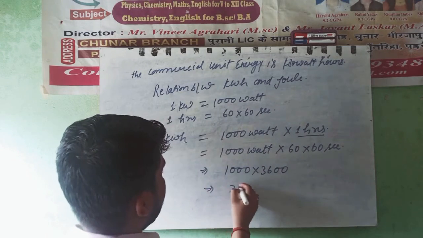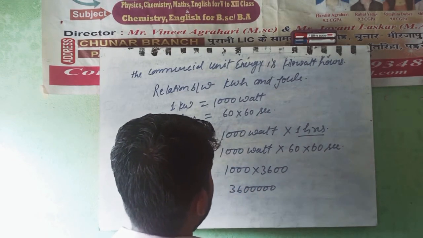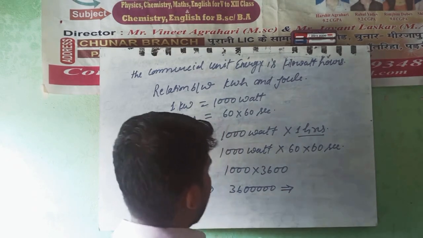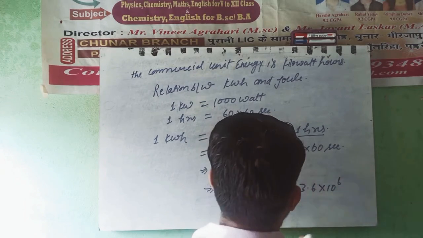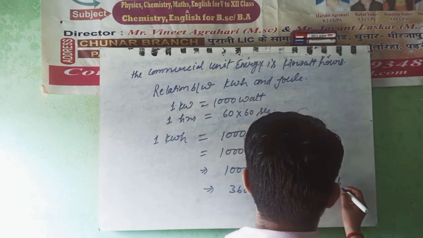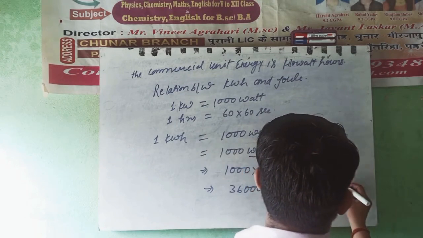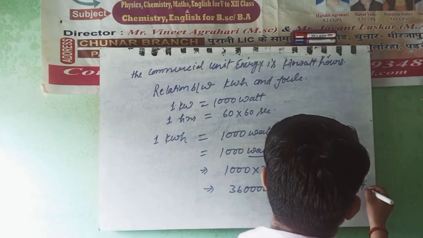We get 3600000. If we write it in decimal form, it becomes 3.6 into 10 to the power 6 watt second.